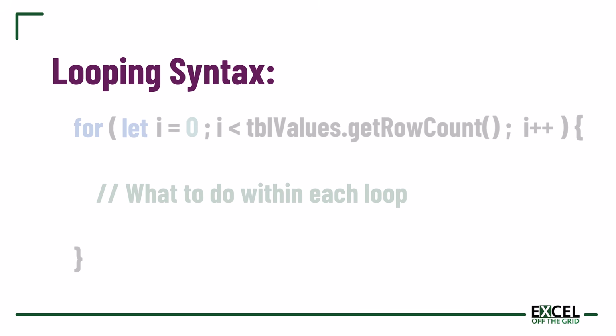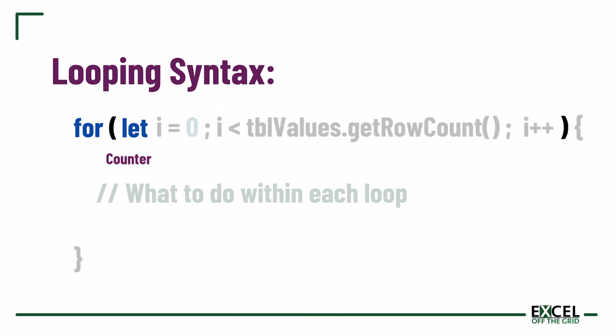Loops have a specific syntax. They start with the word for, and after that, in brackets, we declare three pieces of information. We create a variable which holds an initial value, which in our case will have an initial value of 0. Office scripts are zero-based, which means the first position of an item in an array is in position 0, so that is the best place to start.